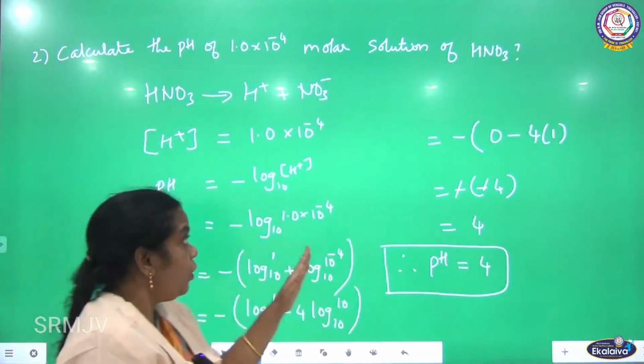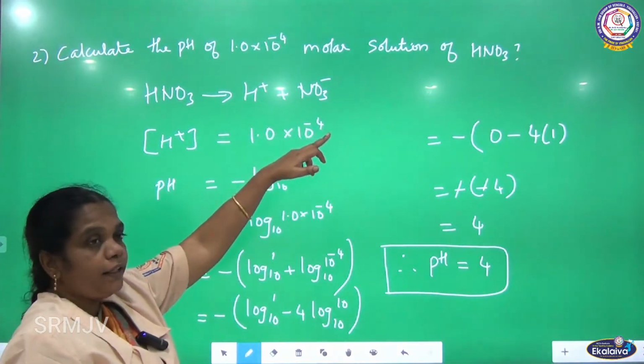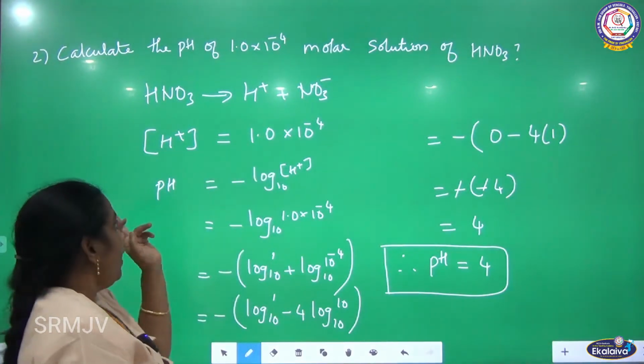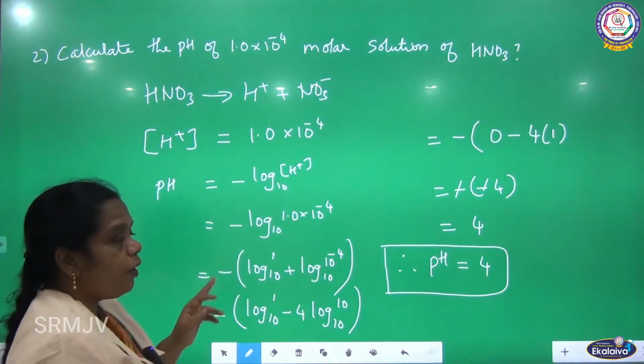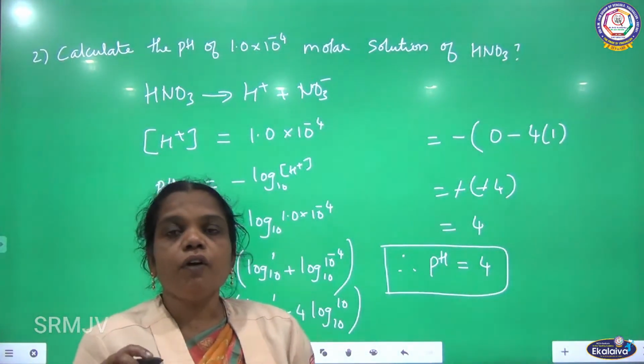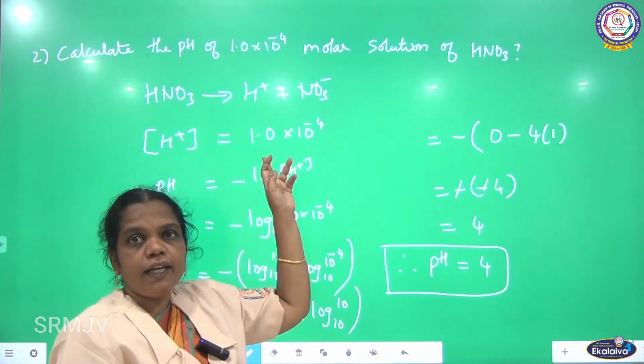Understand? Now you have to first write what is given, the molar acid. Acid means nothing but the concentration of H plus ion. And next you have to write the formula. What is the formula to find the pH? Negative log to the base 10 of concentration of H plus ion. The concentration of H plus ion is given.